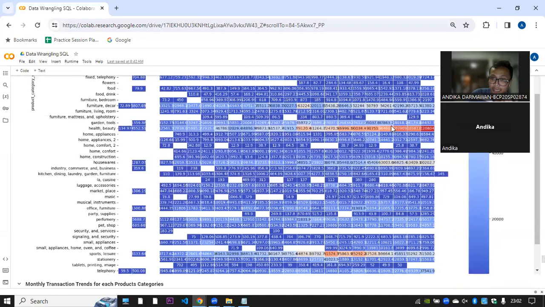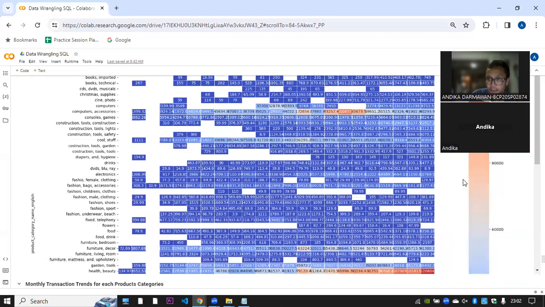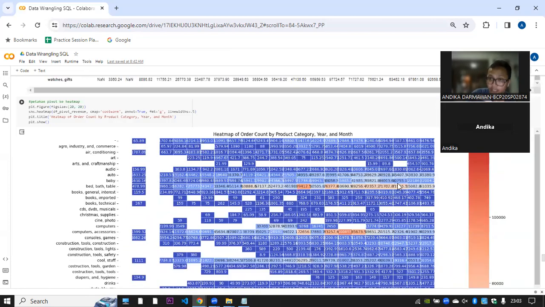And as we see, the revenue that comes from health and beauty itself is much, much larger than the other product categories.